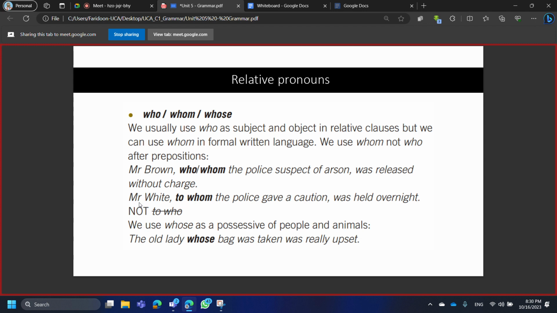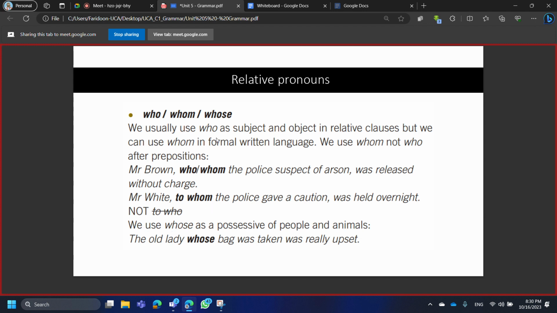For example, Mr. White, to whom the police gave a caution, was held overnight. It is kind of like the police gave a caution to Mr. White, so this to from the verb comes in here if you want to sound very formal. But it's not good to say Mr. White to who the police gave a caution. So when you want to be formal, use whom, because it's made for formal language in this case.